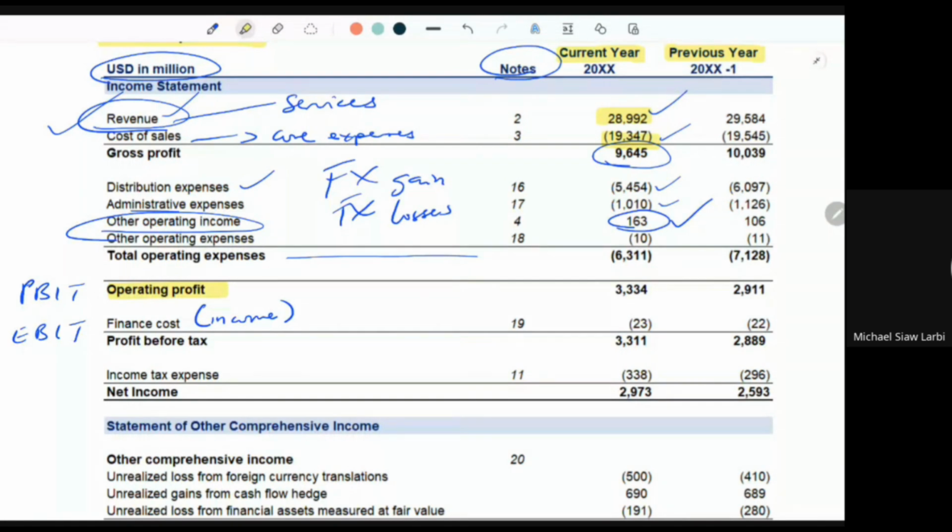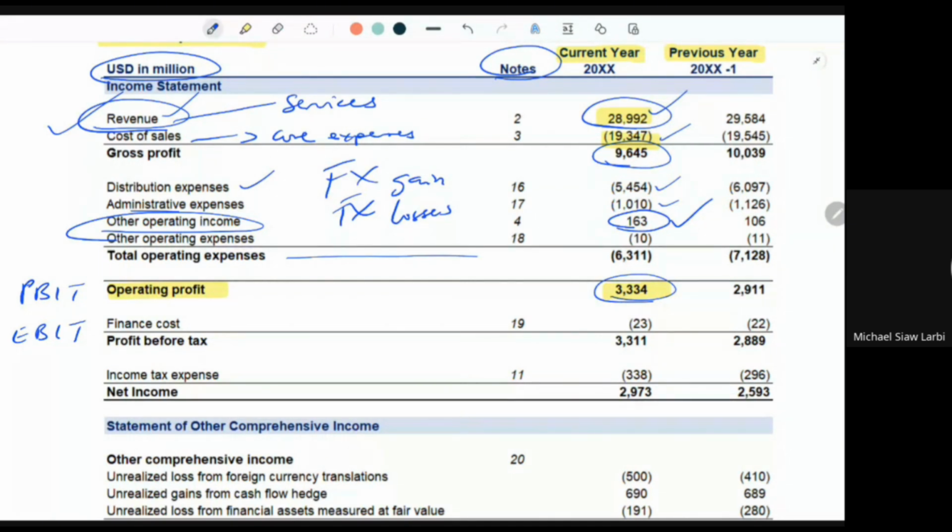Once you have your operating profit, it means after paying all my expenses, excluding interest to those I borrowed from, and taxes to the authorities, this is how much profit I made for the year, 3.3. So out of the 28.9 we sold during the year, after paying my direct cost of sales, the distribution cost, my salaries, utility bills, whatever, I have 3.3 left before I pay my finance costs and before I pay my taxes. Are we good?